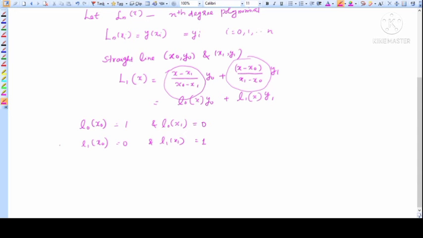So these relations can be expressed in a more convenient form as Li of xj is equal to 1 if i is equal to j and equal to 0 if i is not equal to j.